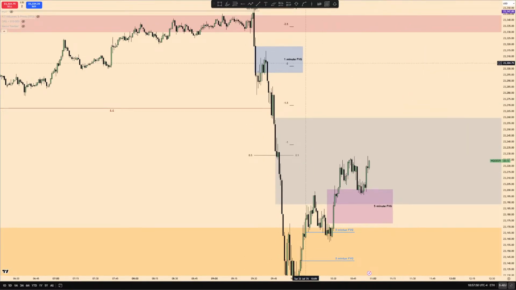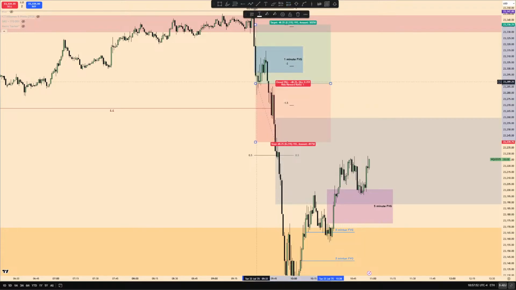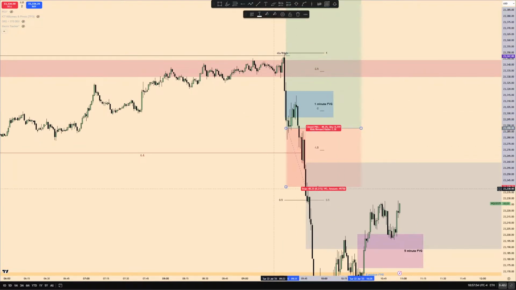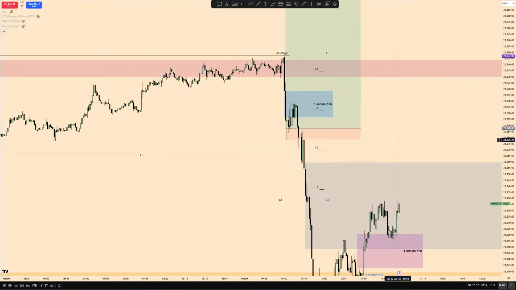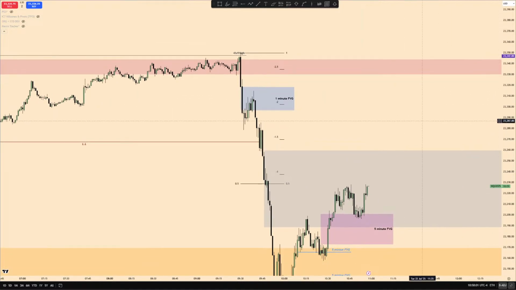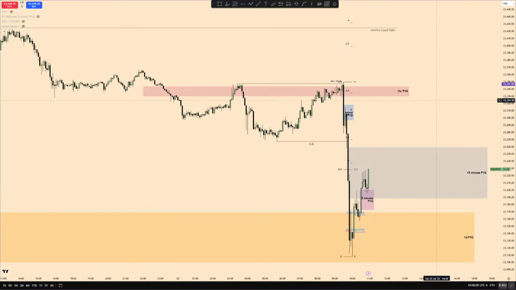Tremaine Trades caught this trade here. Okay. Caught it on the chin a little bit. Yeah, a tad bit offside.